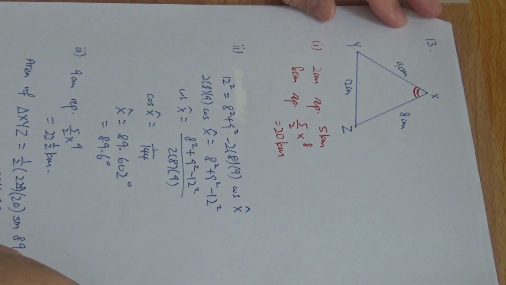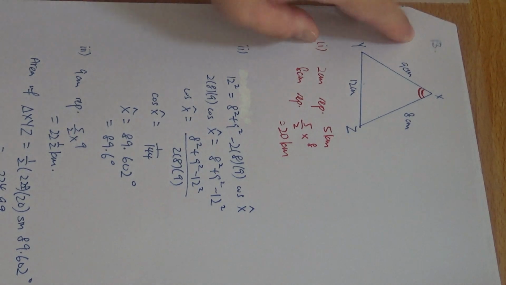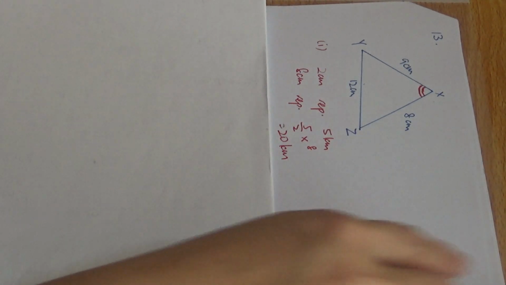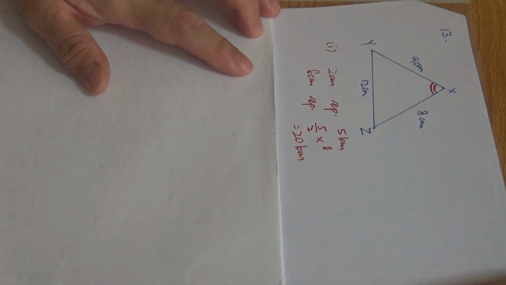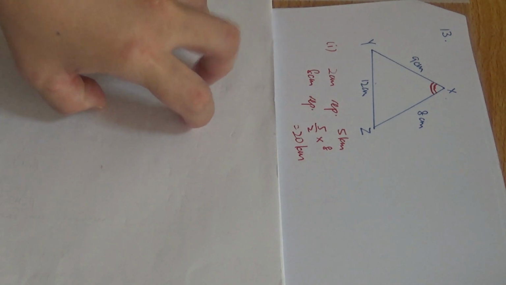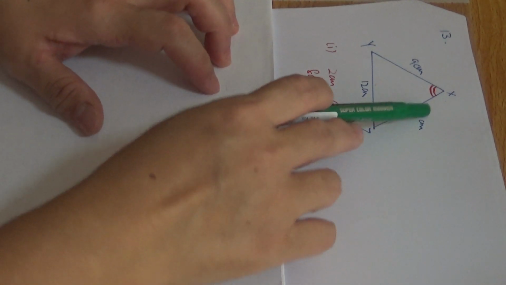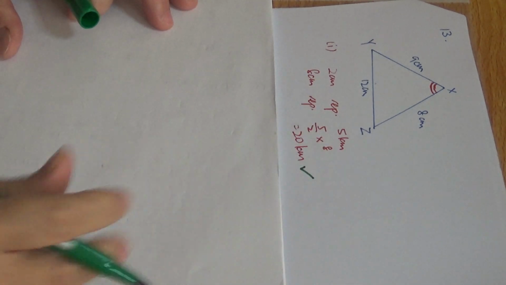Now, question 13 is actually a sort of similar triangle question, and it's based on scale. But not to worry so much. For part A, they ask you for the length in kilometers, which is represented by xy. So we do the necessary manipulation and we will get 20 kilometers.